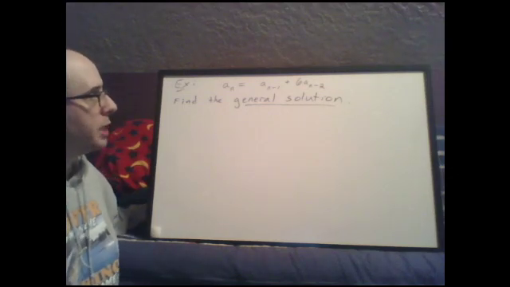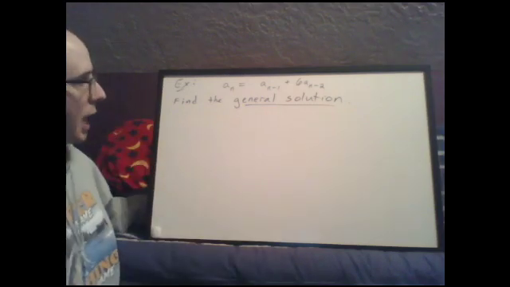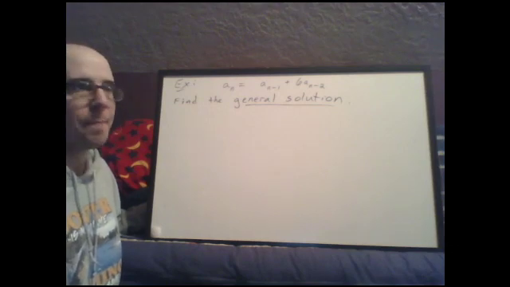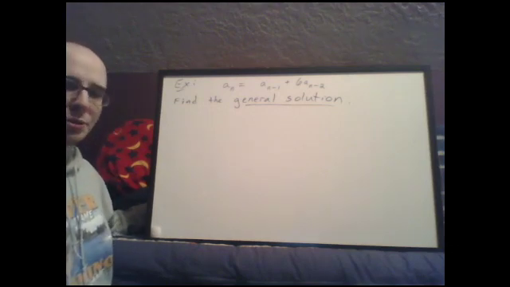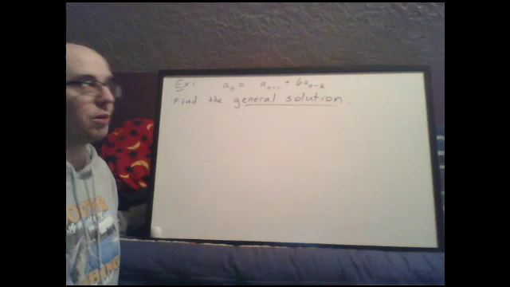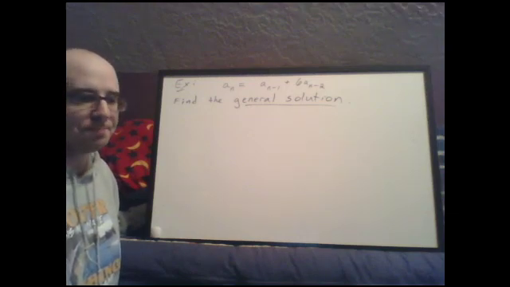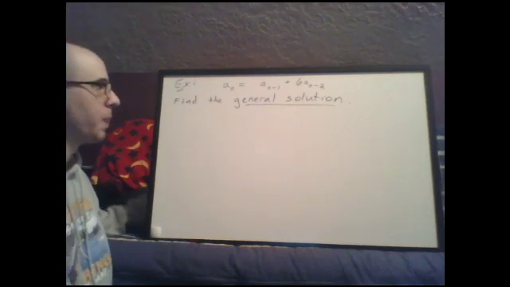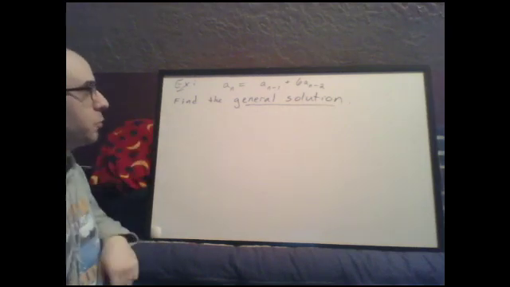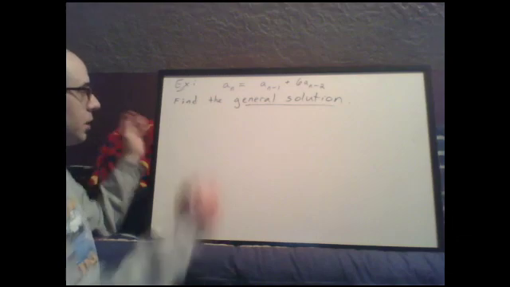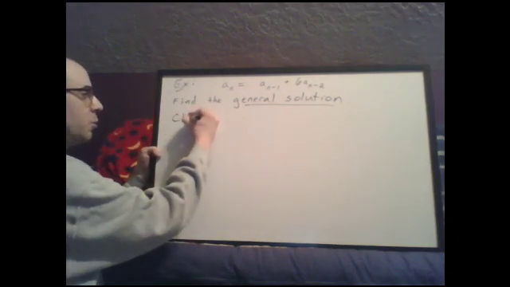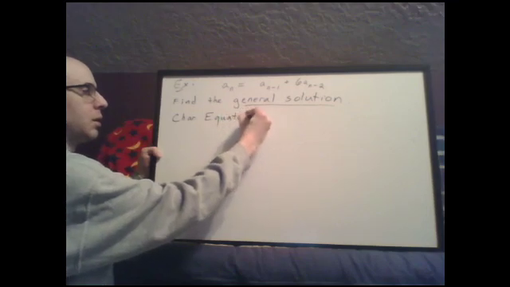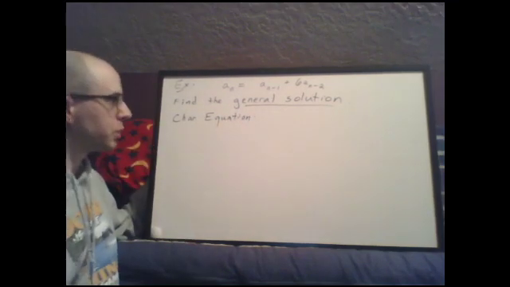If we have more information, like the initial conditions, like a_0 equals 1 and a_1 equals 5, then we can narrow down our general solution to a particular solution where we fill in the values of those constant alphas. But for now, let's just worry about the general solution. So first thing is we need the characteristic equation, and I'll go through it carefully this time.